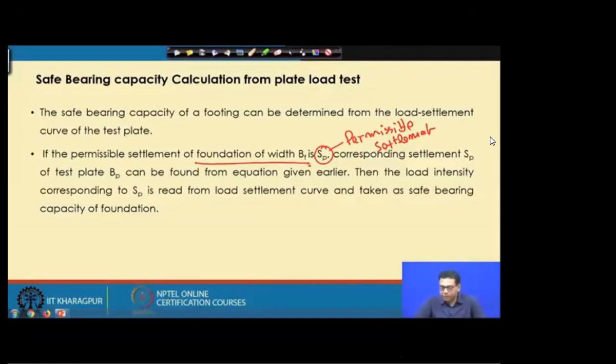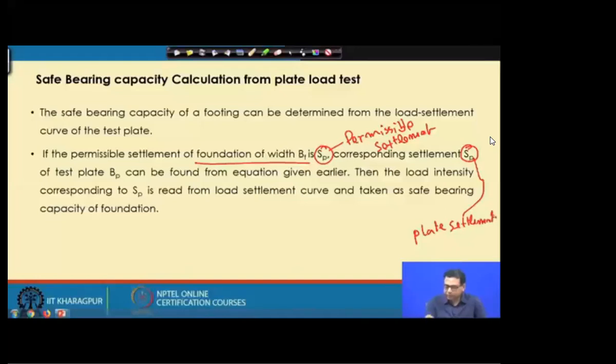Now, what will be the settlement of the plate? Because in both cases SP is used, from this permissible settlement we can determine the corresponding settlement of the plate by using the correlations that we have just discussed. So from this correlation you will get the settlement of the plate corresponding to the permissible settlement of the footing.